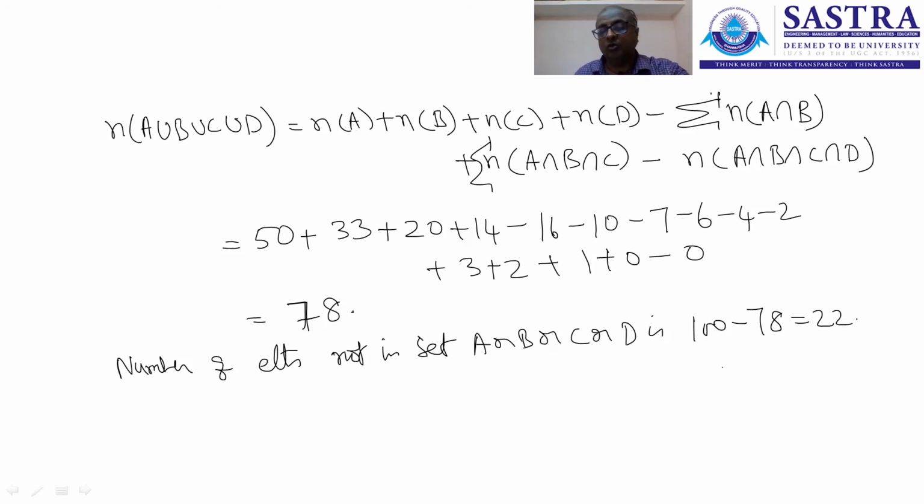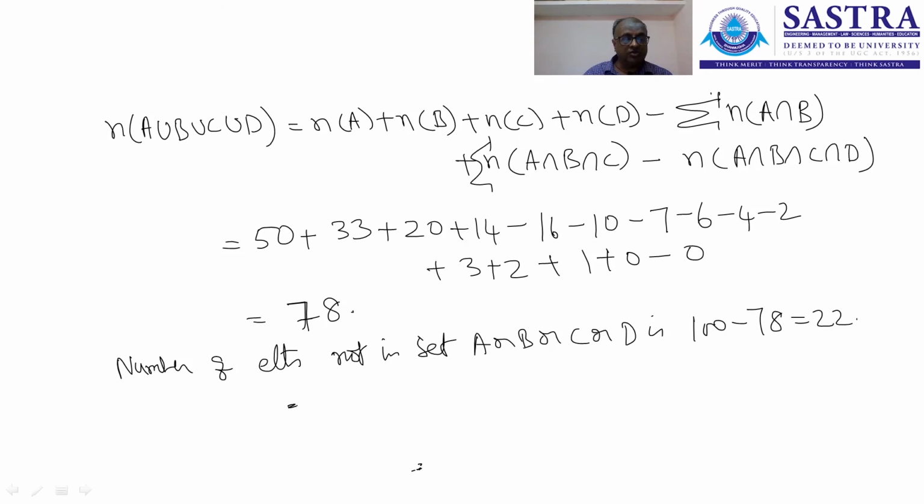Okay, so now if you look at this, you can find that out of the 100 numbers, you have 22 numbers which are not divisible by 2, 3, 5 or 7. Okay, so now what I do is I take like this. The first part would be like this.